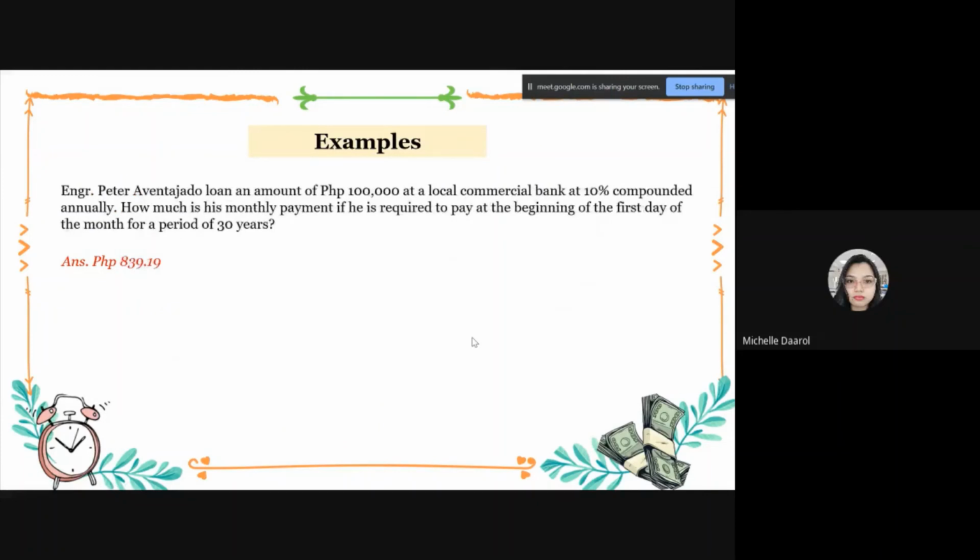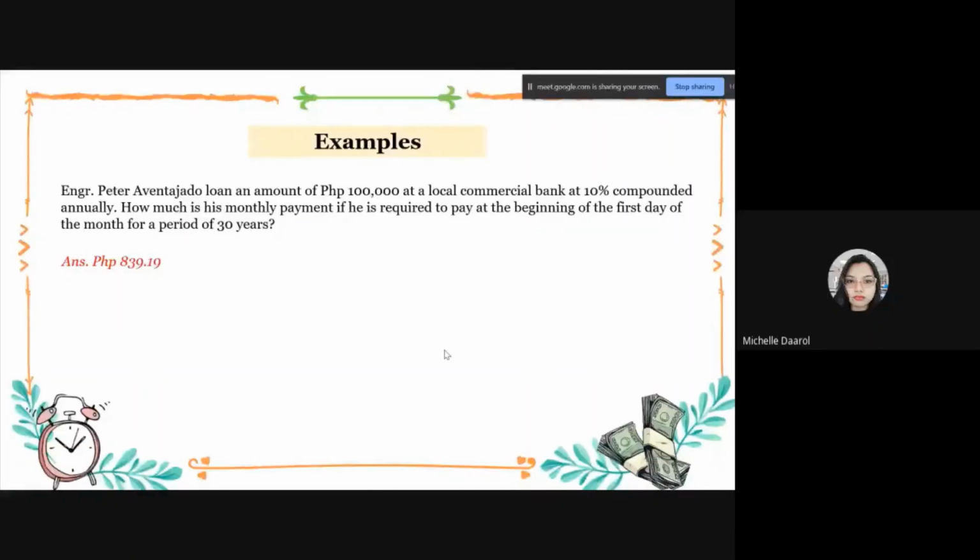Engineer Peter Aventajado loaned an amount of 100,000 at a local commercial bank at 10%. What is his monthly payment if he is required to pay at the beginning of the first day of the month for a period of 30 years? Okay, so let's solve. Write the given first.